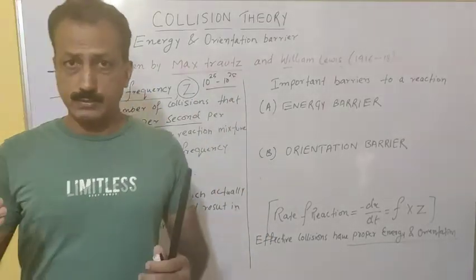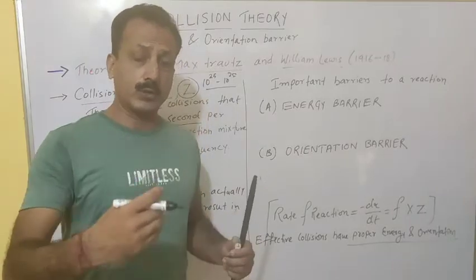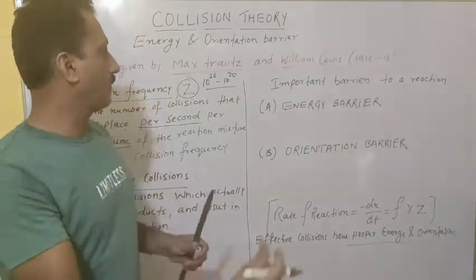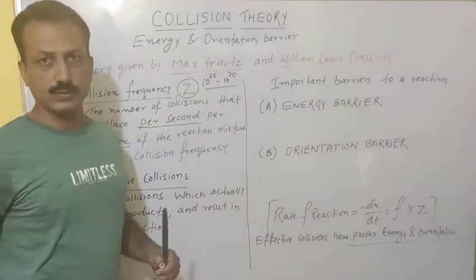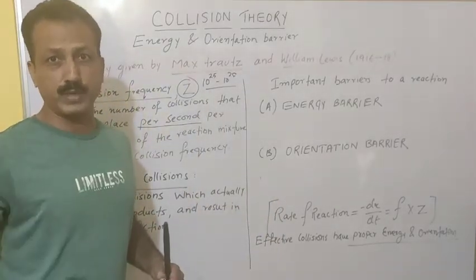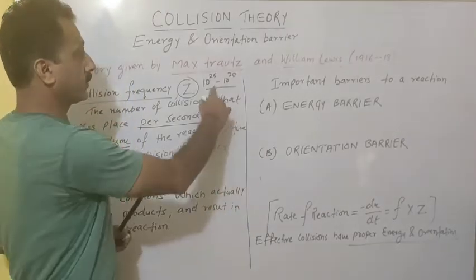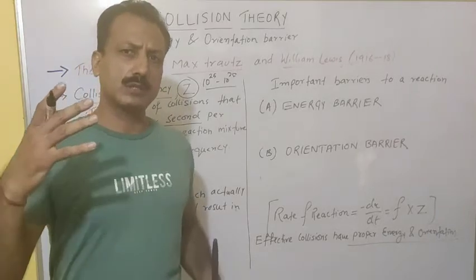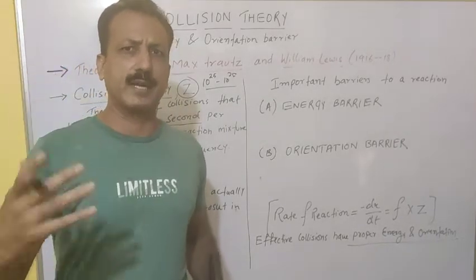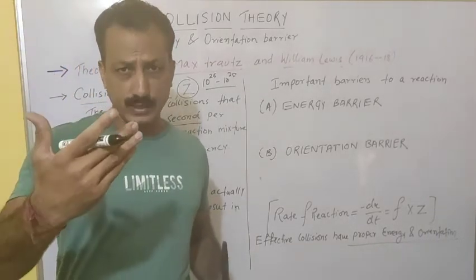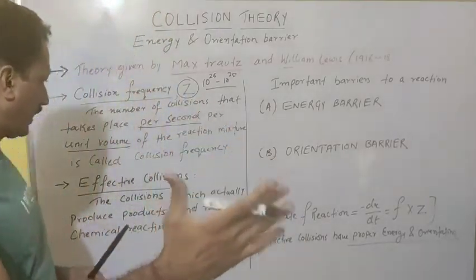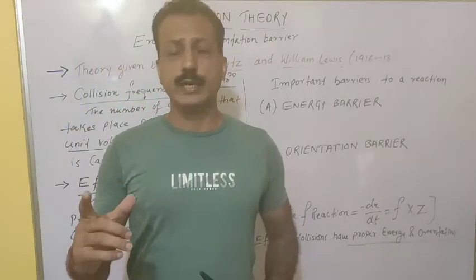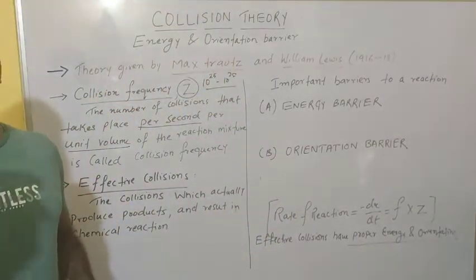But if we look at the product formation, it is not at par with this collision frequency. The product formation is quite slow. So it means that there are some underlying aspects which are responsible for the lesser amount of product formation. In product formation, it is the effective collisions which count.